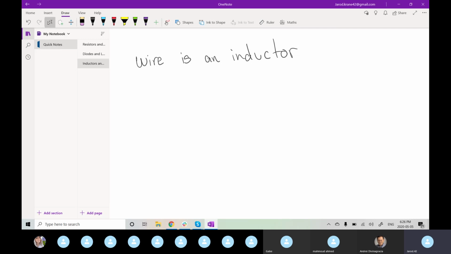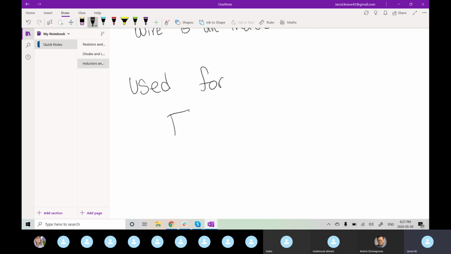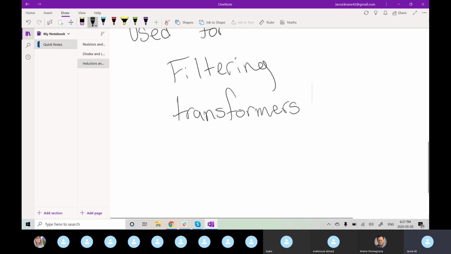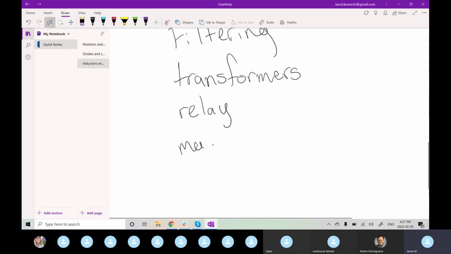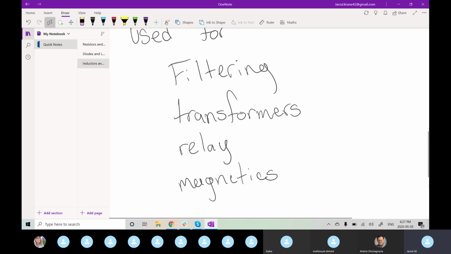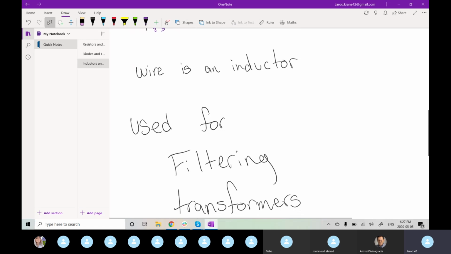And so your typical applications, you'll see it for filtering, transformers, then relays, magnetics, and then, yeah, like we said, because all an inductor truly is just a wire, coil it and you'll get a magnetic field.